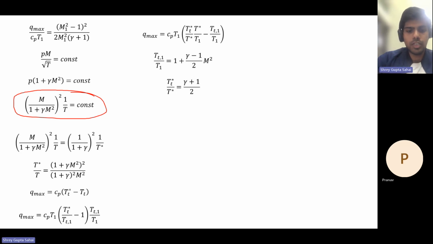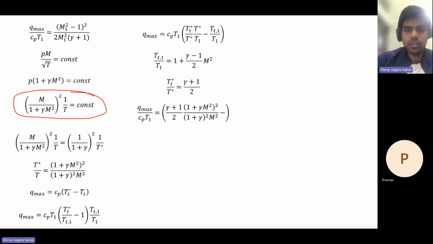Now let's substitute these things. We'll get Q max by Cp T1 is what? Start substituting things. We'll get gamma, this thing is there. Then we'll substitute this.